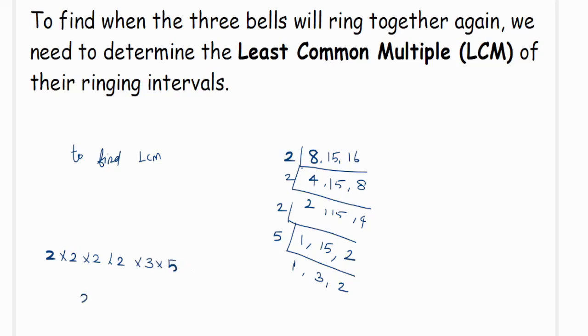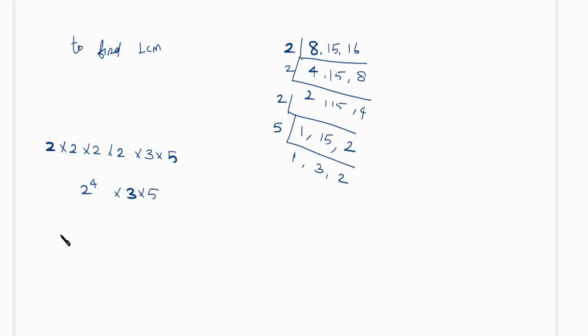So 2 power 4 into 3 into 5. 2 power 4 is 16, into 3 is 48, into 5 is 240.